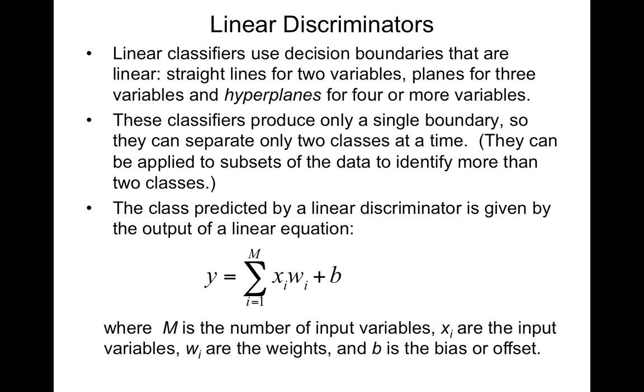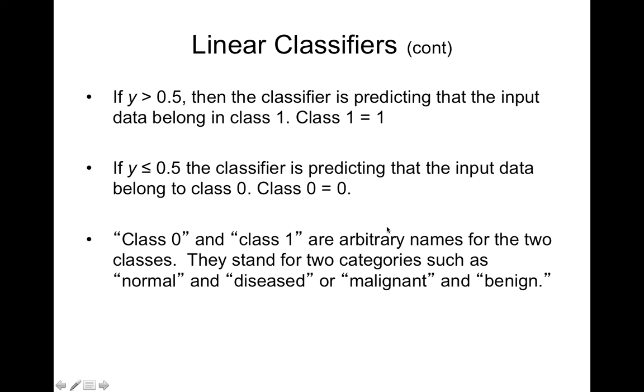So this can also be thought of as the slope of a line. So if y is greater than 0.5, then the classifier will predict that the input data belong in class 1. If y is less than 0.5, the classifier will predict that the input data belong to class 0. And class 1 and class 0 are just arbitrary names for 2 classes.